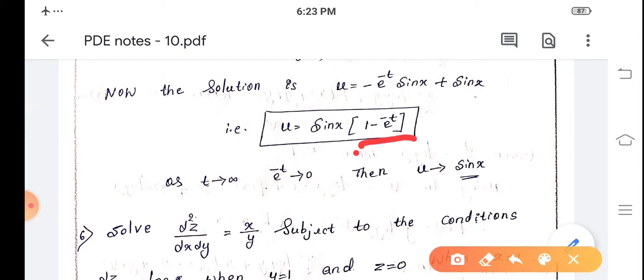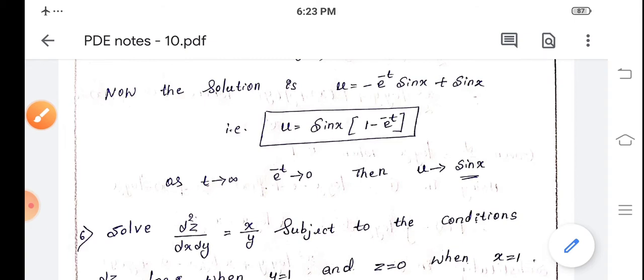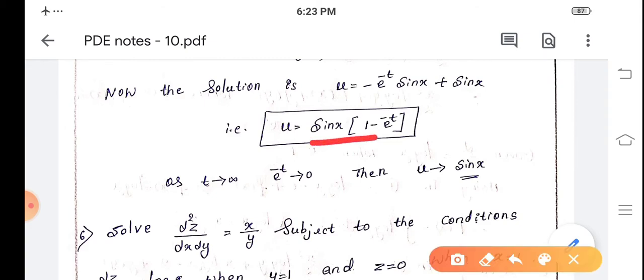Then this will be 1 minus 0, that is 1. So as t approaches infinity, 1 minus e to the power minus t approaches 1. So we can say that u tends to sin x into 1, that is u tends to sin x.